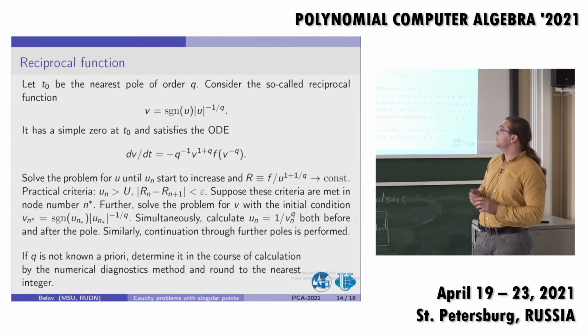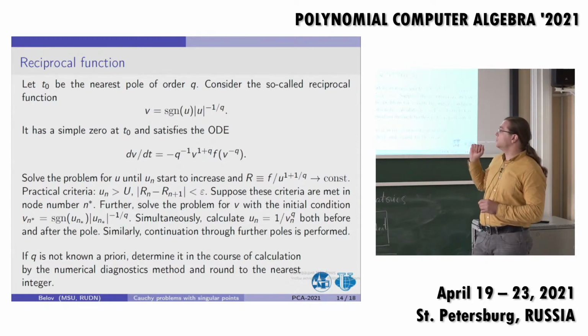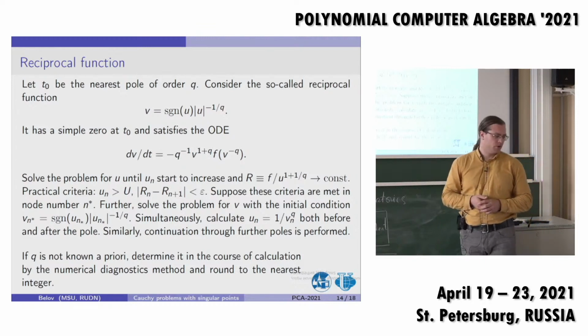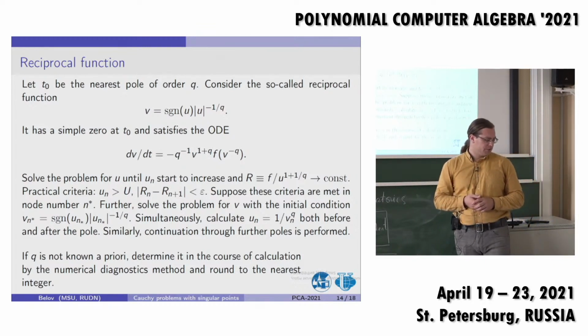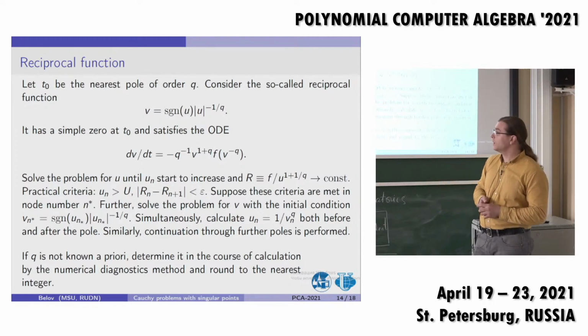And here you can see the ordinary differential equation to which the reciprocal function is a solution. Actually, if the initial solution has a pole of order Q, then the reciprocal function has a simple zero. And to calculate such a zero, there is no problem for numerical integration. We propose the following strategy.